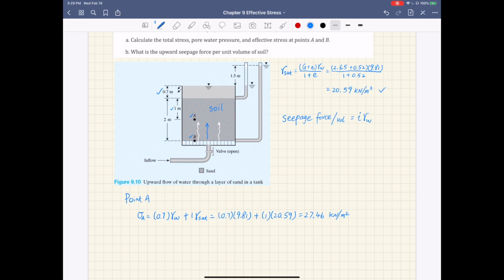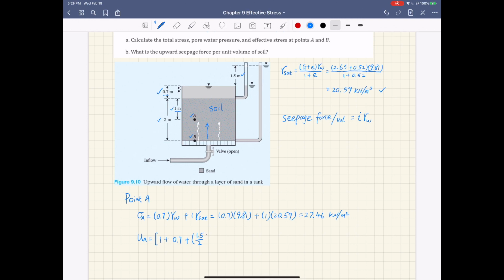Then for pore pressure, we have previously shown the derivation of this pore pressure at any point inside this soil layer. So this pore pressure is 1, so that's at 1 meter, plus 0.7, then plus, because of the upward seepage, you have this additional term, 1.5, which is the total head loss, over 2, which is the total depth of this soil layer.